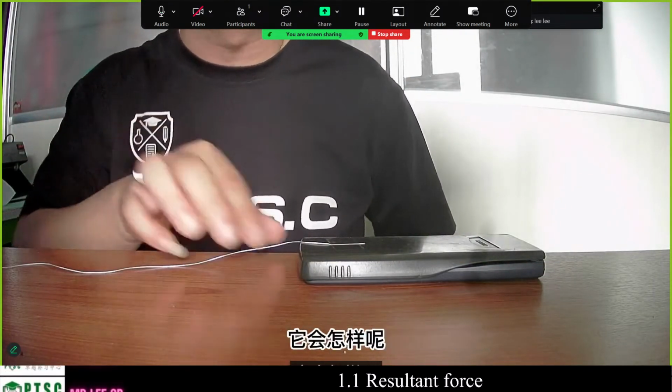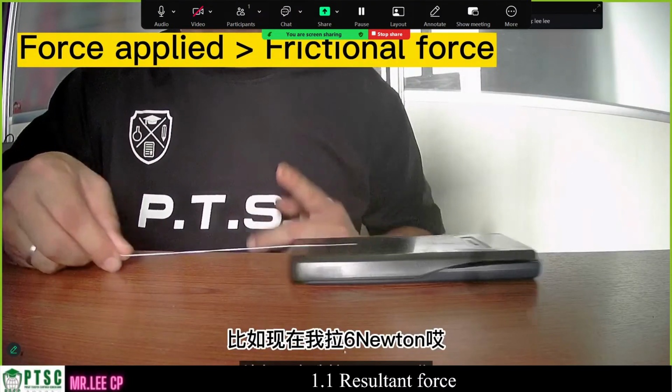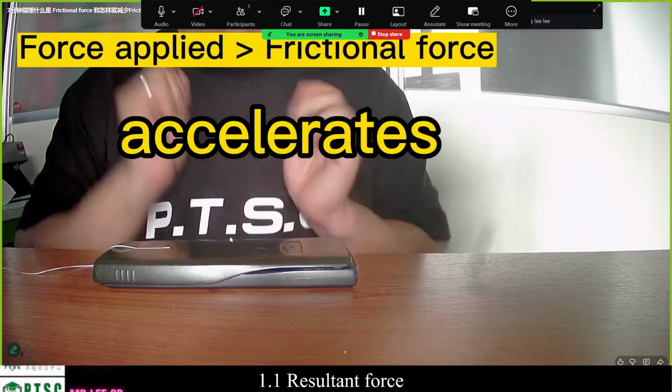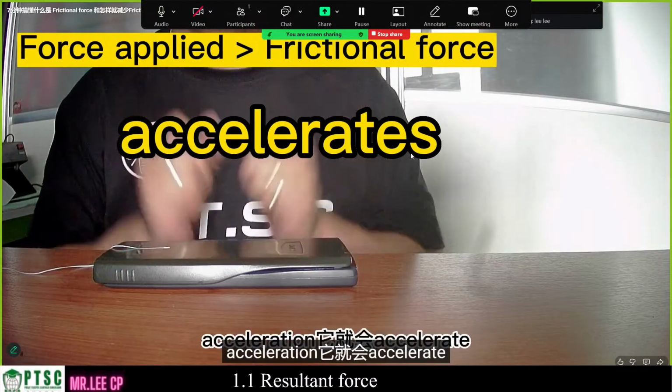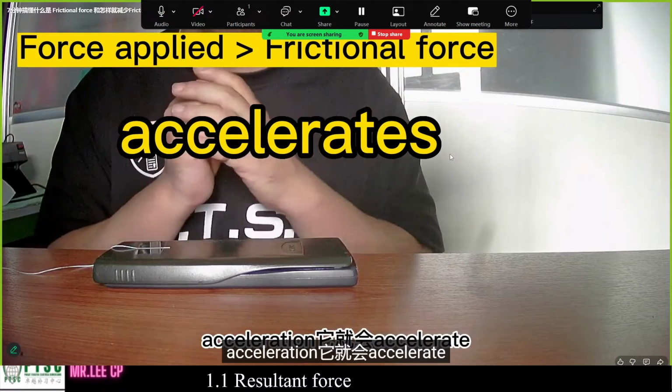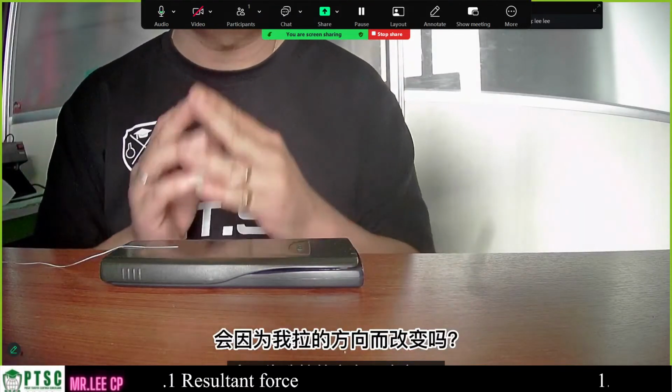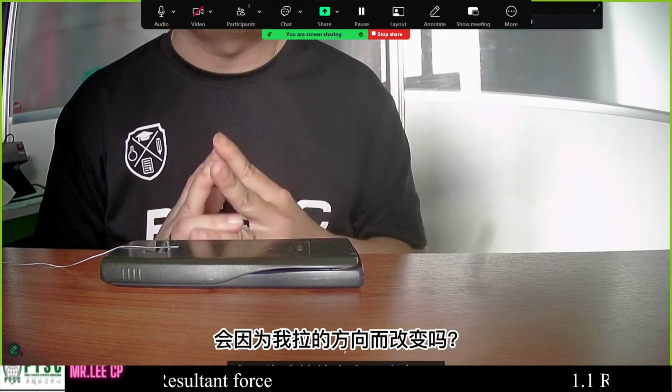If I pull with a force more than 5 Newton, so I pull it with 6 Newton, what's going to happen? It will accelerate. If I pull with 6 Newton, it will accelerate. Okay.